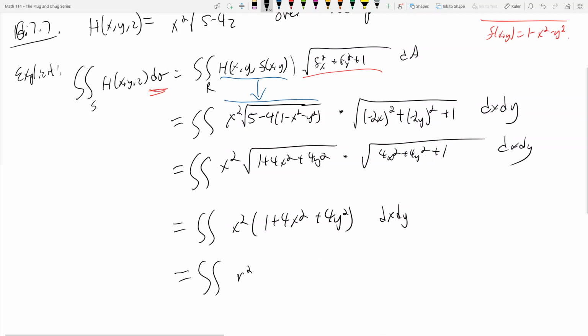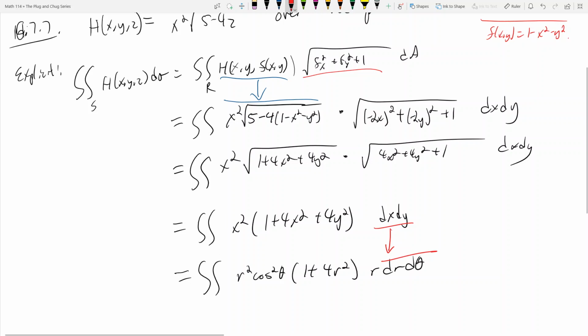So now we get r squared cosine squared theta times 1 plus 4r squared. Now I need r dr d theta because I'm going from dx dy to dr d theta, and not from d sigma to dr d theta. If I go from d sigma to dr d theta, then I do not need to convert with an extra r term. But when I go from dx dy, I have to go to r.